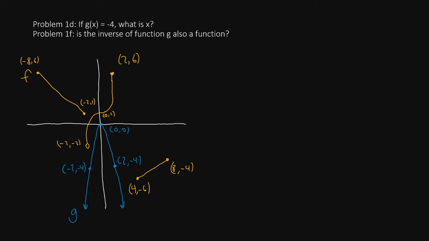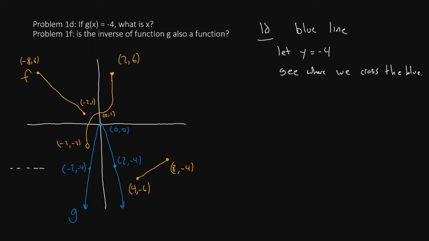Now on to problems 1D and 1F. Problem 1D says, if g(x) equals -4, what is x? So once again, we're going to use the blue line. And when it says g(x) equals -4, we're going to let y equal -4. And we're going to see where we cross the blue line. So let's draw a horizontal line through y equals -4.